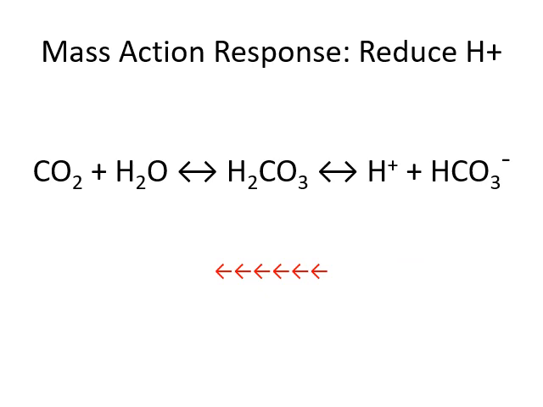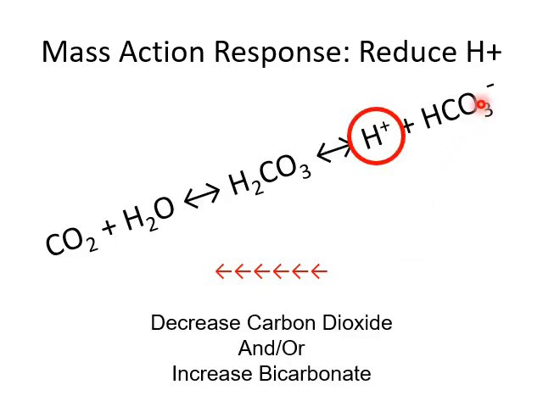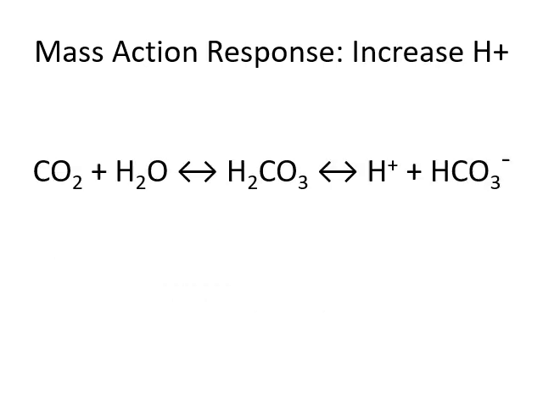So either we have to increase our bicarbonate to make that happen, build this pile, or reduce this pile over here to get the equation to run this way. So by reducing those hydrogen ions, we're moving the equation this way, either by getting rid of this or building this pile over here, and everything runs downhill. That reduced hydrogen ion concentration is going to lead to increased pH in the blood.